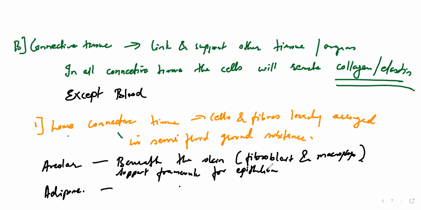Second one is the adipose. Here in the adipose, it is also located beneath the skin only, but the function is different, because their main function is to store fat.